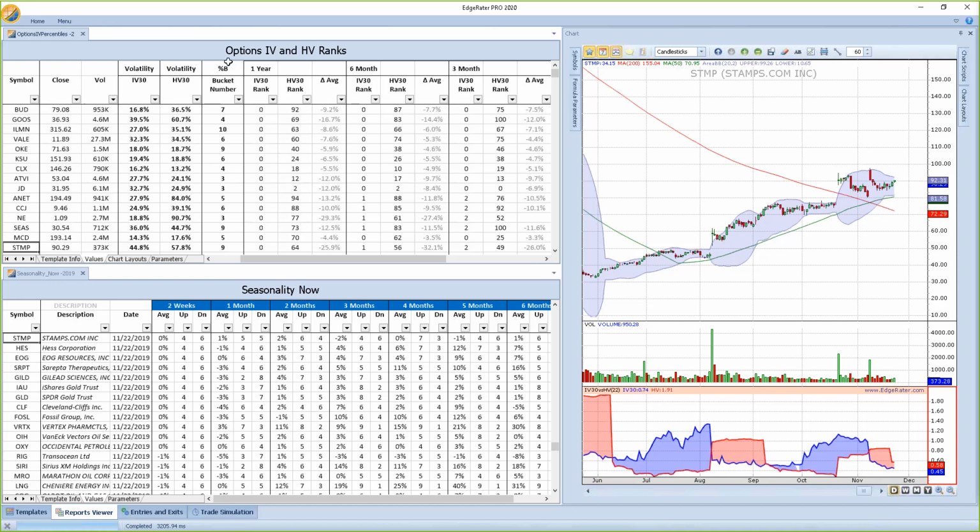If you just modified the template and added a column within Microsoft Excel, you just do the IV minus the HV, and then you can sort by that number. That would immediately give you a good list of stocks to look at that have historical volatilities much higher than the implied volatility.